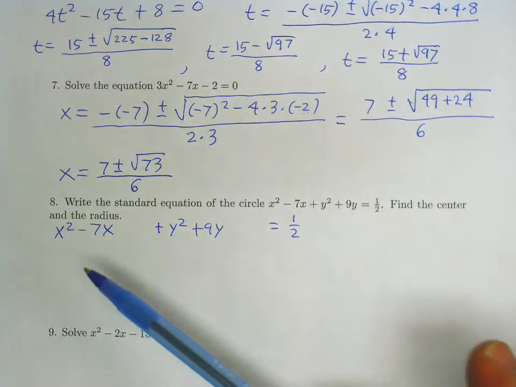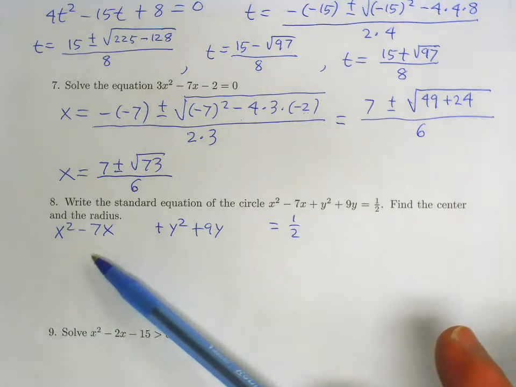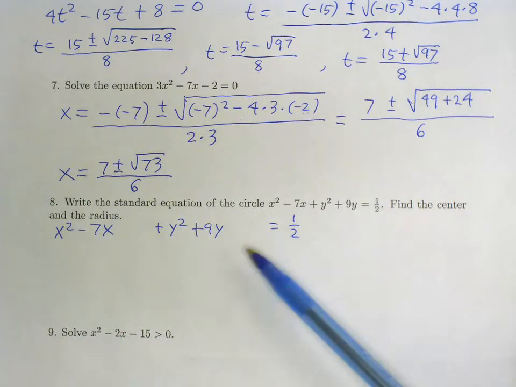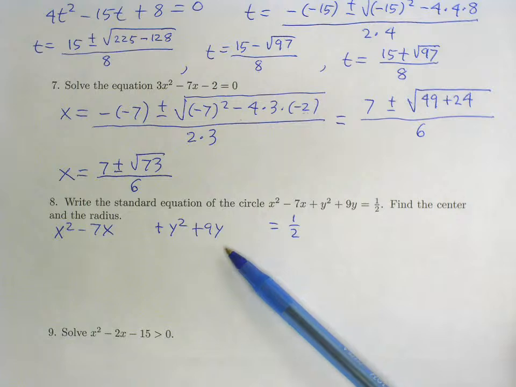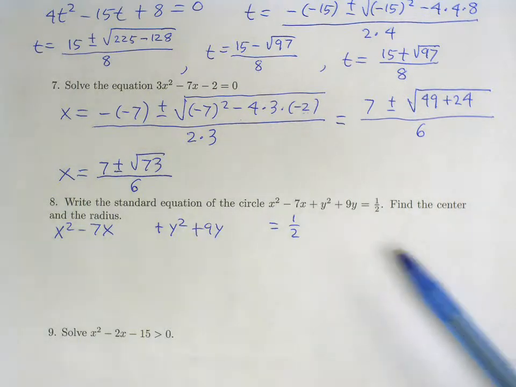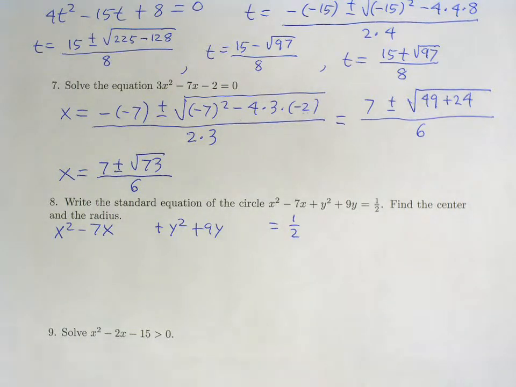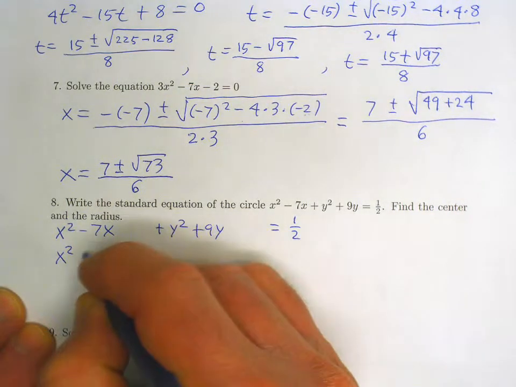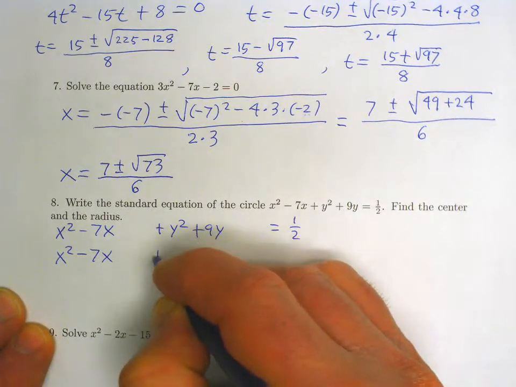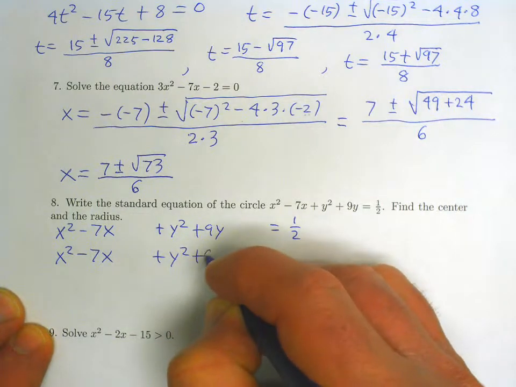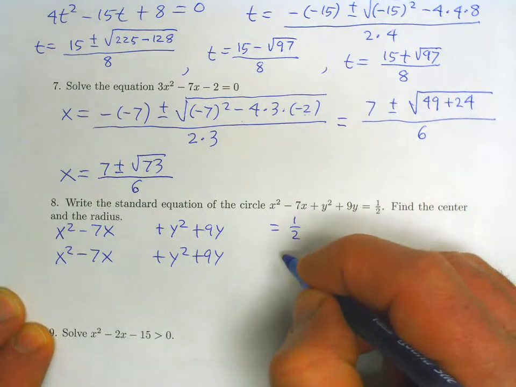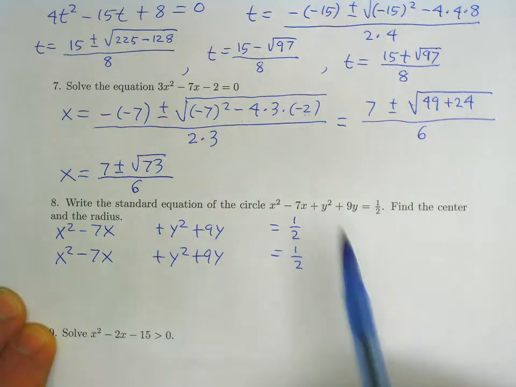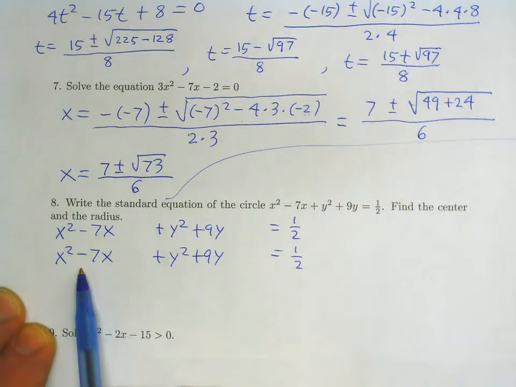Okay, we will add a number to x squared minus 7x to create a perfect square trinomial, and we have to add the same number to the other side. And also we'll add a number to y squared plus 9y to both sides. Okay, so what number to add to x squared minus 7x? And then we'll find the number to add to y squared plus 9y. Okay, up here I'll do some of that work.